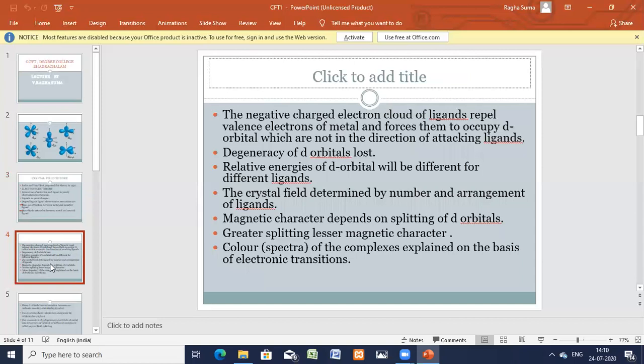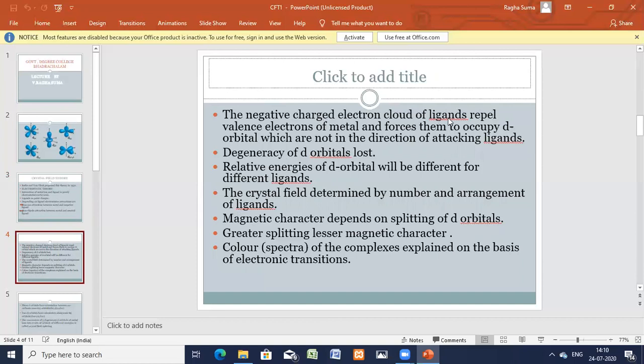Now, the next postulate is that the negatively charged electron cloud of the ligand repels the valence electrons of the metal. Assume the metal has outermost shell d electrons, and electrons are negatively charged.